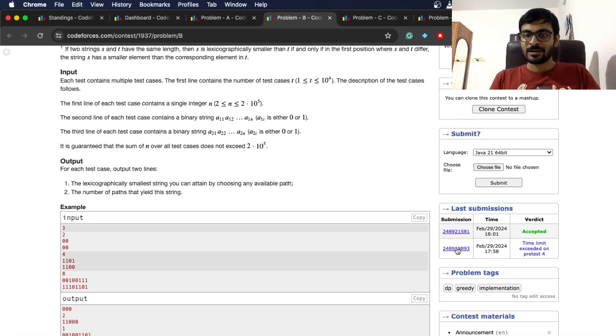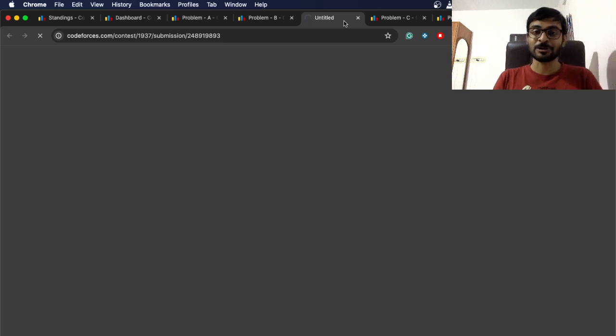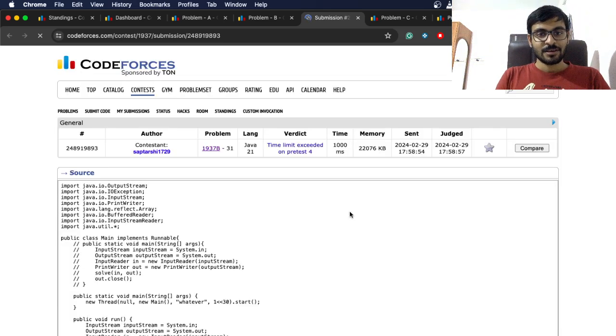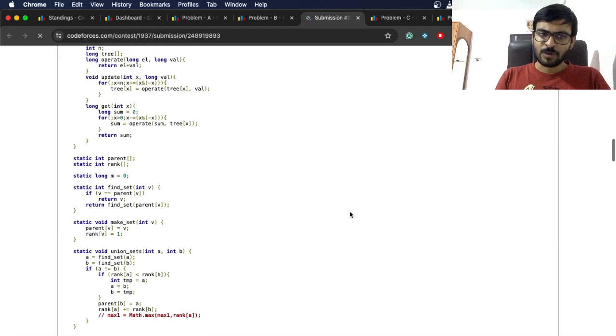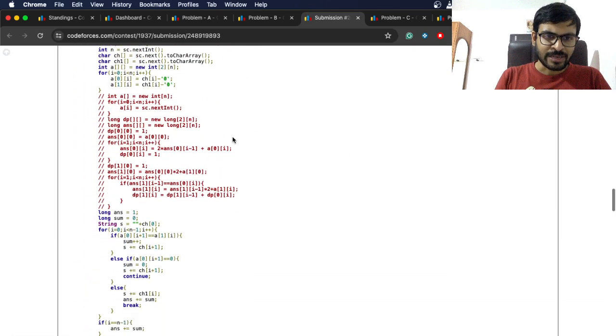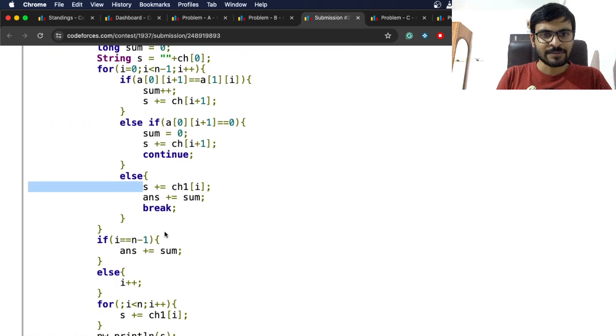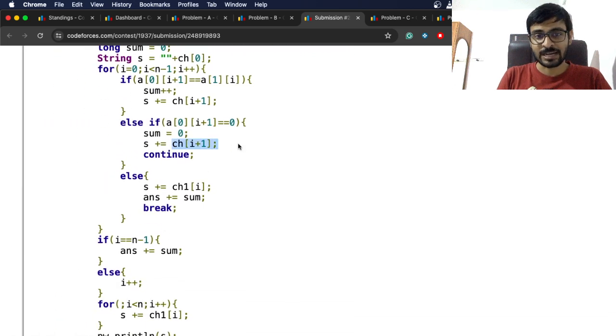Now I got a TLE in the first attempt over here. Let me also throw light on what I did in the TLE thing. The algorithm was exactly what I told you just now, but I was maintaining a string, and to this string I was adding at every step what character I'd be taking.